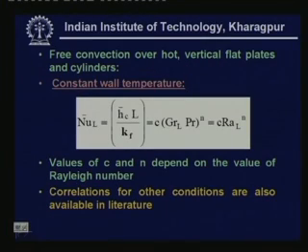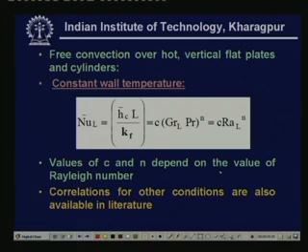Okay. So, for example, for free convection over hot vertical flat plates and cylinders, a typical correlation is given here. The average Nusselt number Nu_L. Okay. Here L is the height of the plate or height of the cylinder, and Nu is the average Nusselt number.